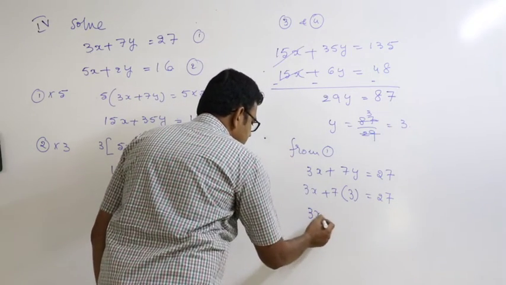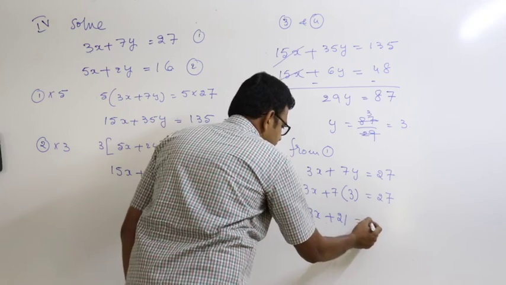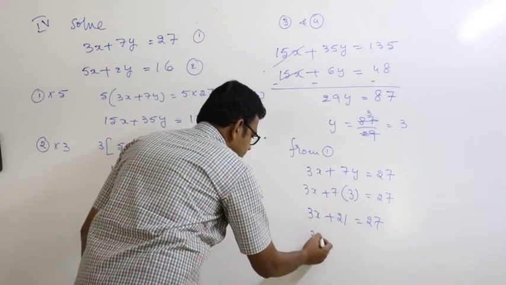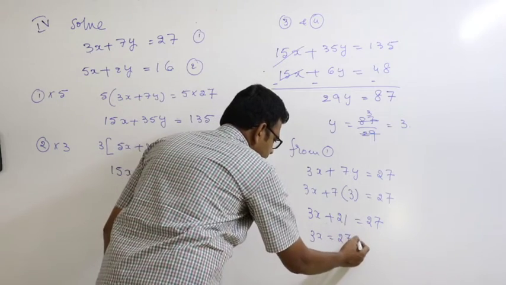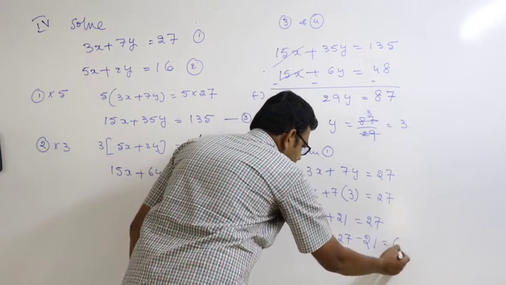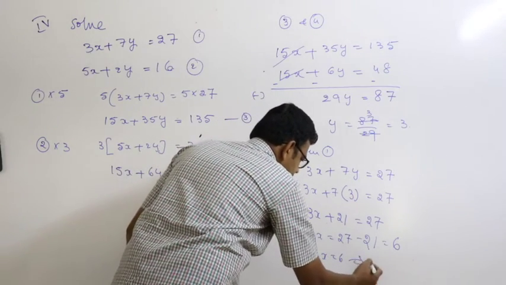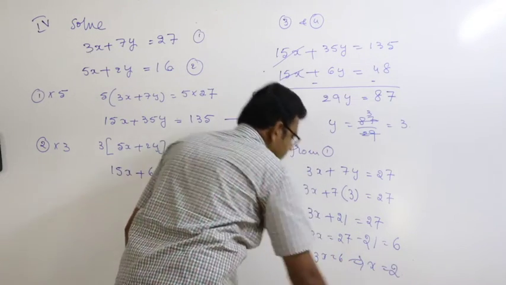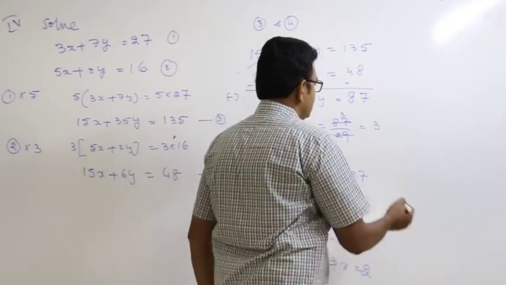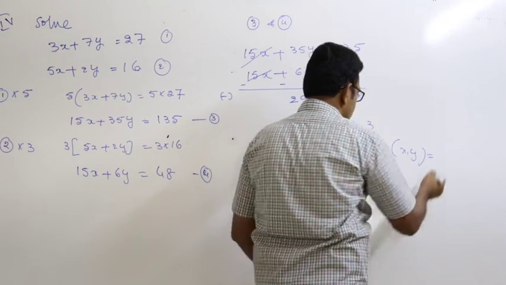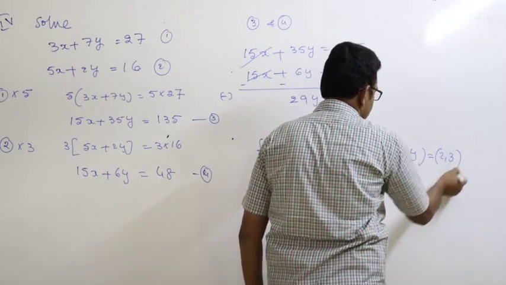So this is 3x plus 21 is equal to 27. Therefore, 3x is equal to 27 minus 21, that is 6. 3x is equal to 6 implies x is equal to 2. Therefore, the solution x comma y is equal to 2 comma 3.